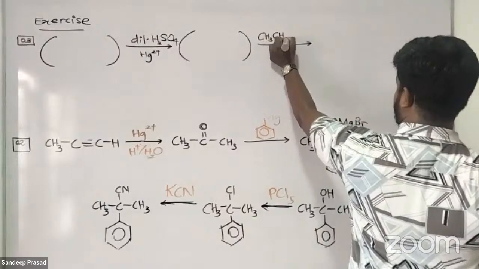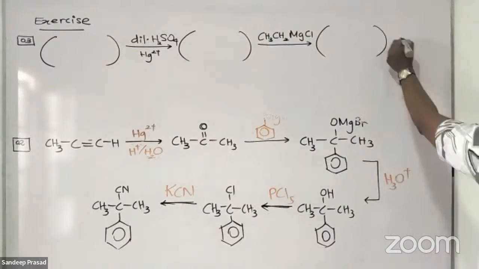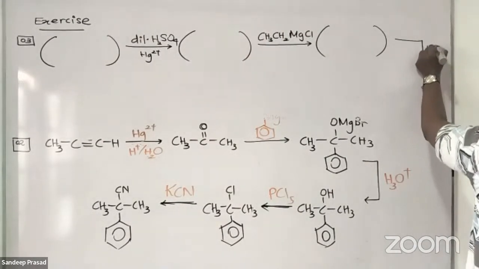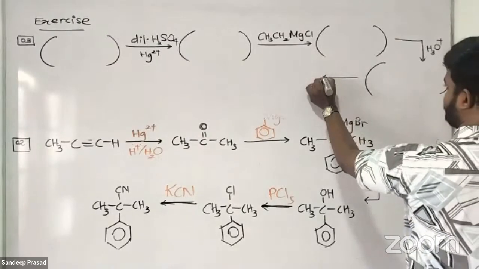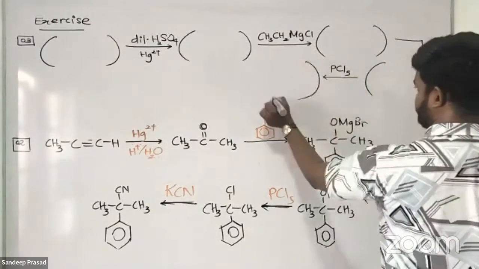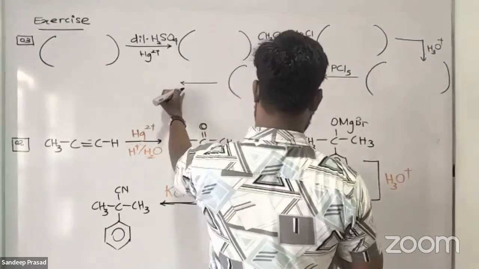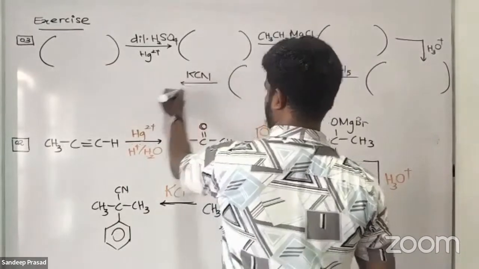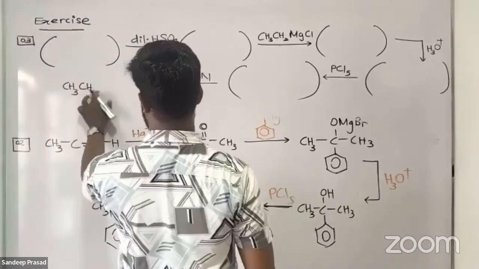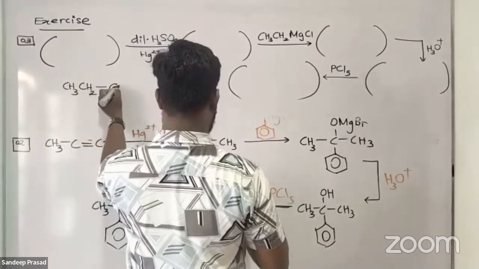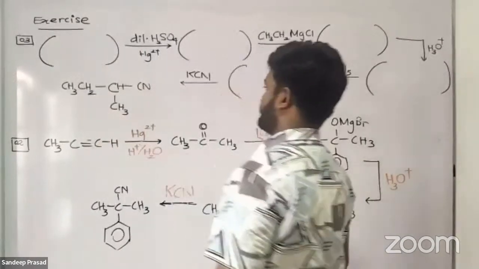Grignard reagent is added, CH3CH2MgCl. So the final compound is a cyanide compound, okay?